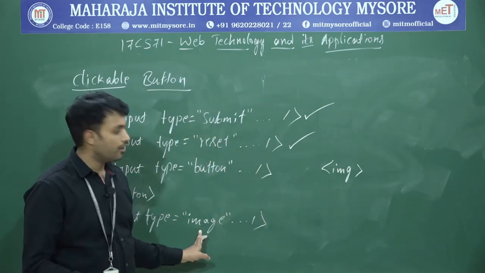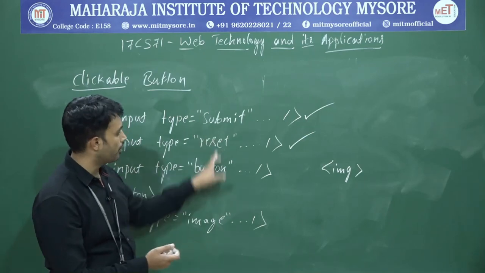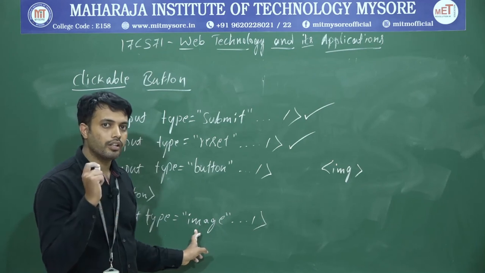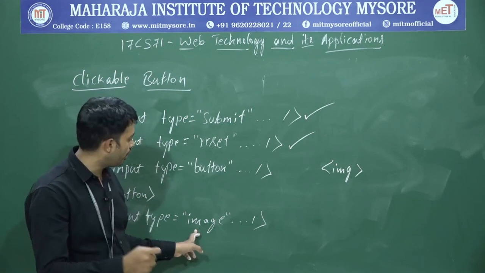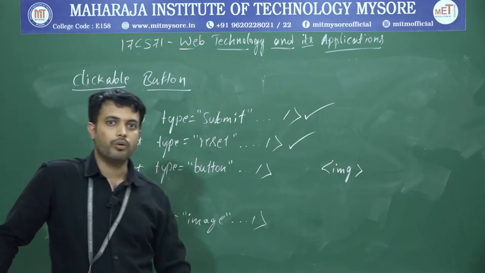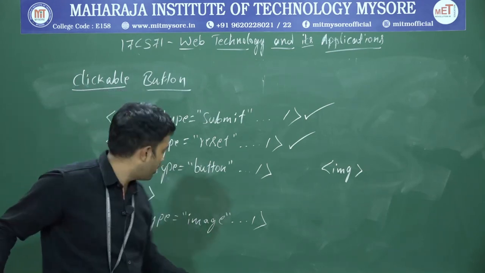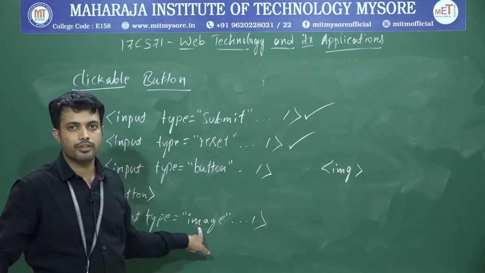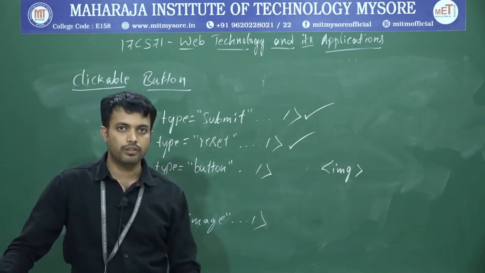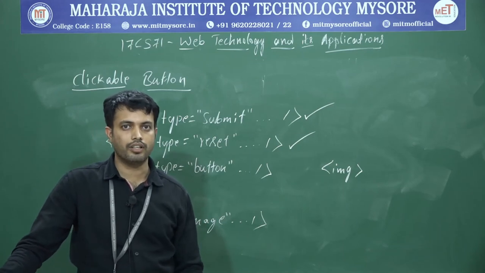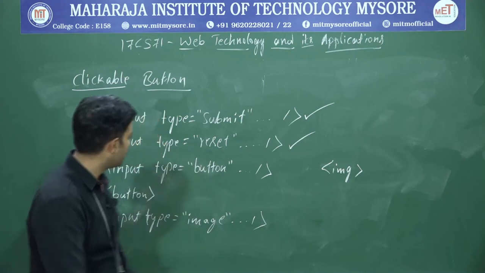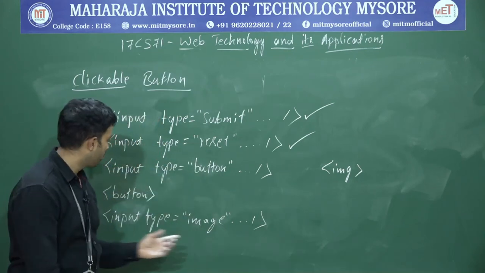Rather than having normal buttons, we can insert image buttons, so that if I click on that image button, again we need to write script language, that is, what action to perform after clicking on this image. If I click on this image, it will do the operation which we have written in our JavaScript. So these are the four buttons.